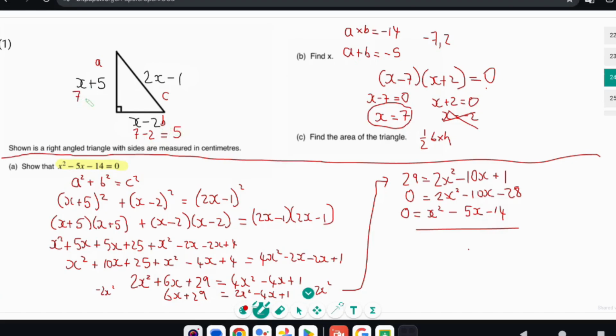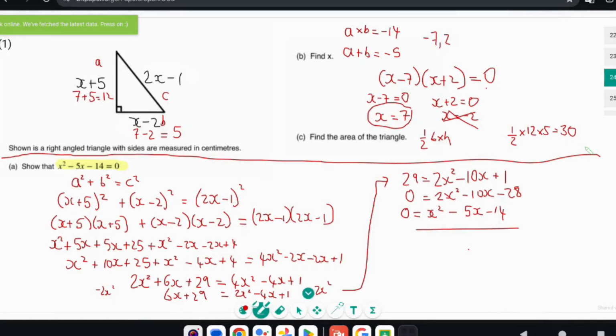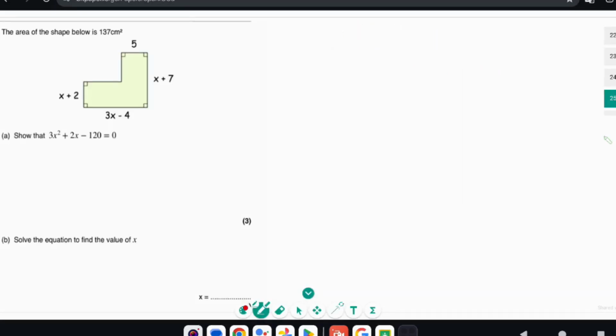What is my height? 7 plus 5 is 12. So half times 12 times 5 gives us 30 centimetres squared. Oop, can put the squared up there. Okay, next question.